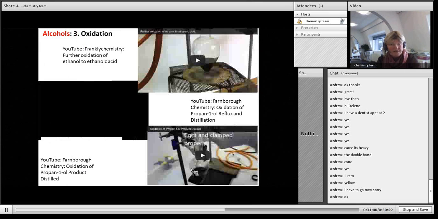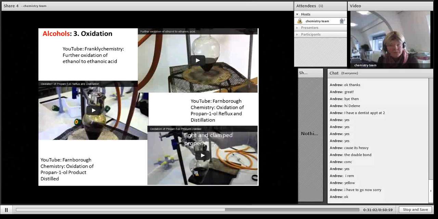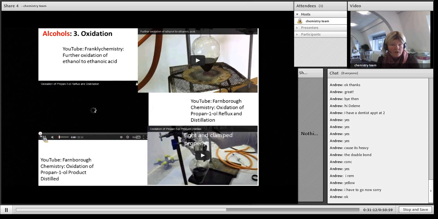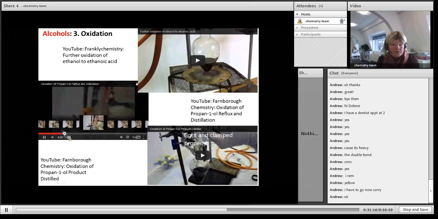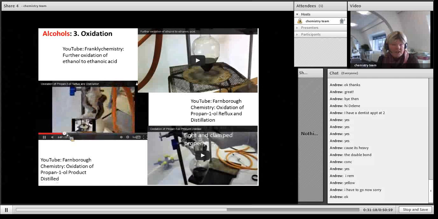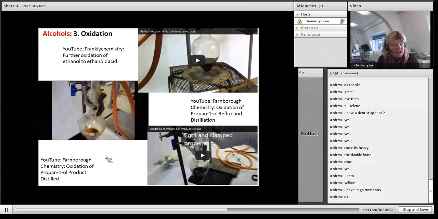Now here are some YouTube clips all showing similar things where I'm oxidizing. So I'll just take this one, and I'm going to move it further along. So can you see that orange color of the dichromate?